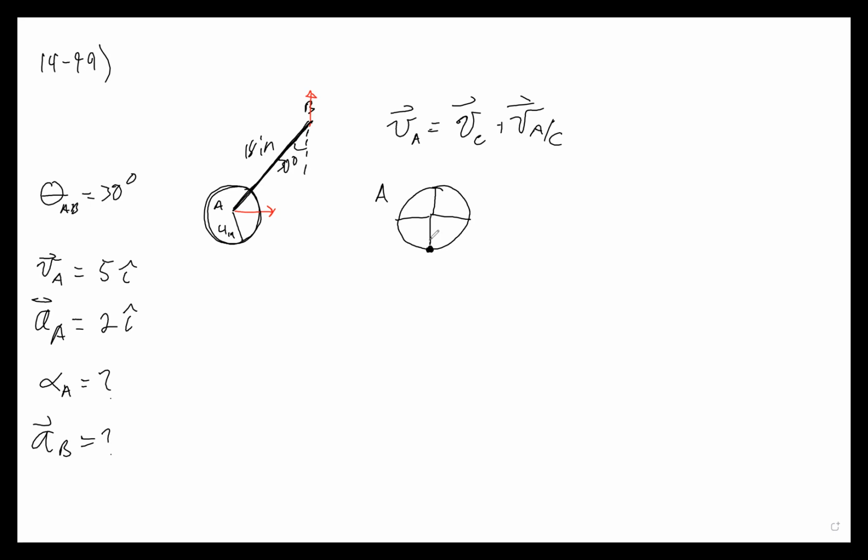Now, there are some other concepts to think about that aren't as necessary to consider right now, but will be in the future. That if a wheel is rolling, the tires on your car as you're going down the highway, as the wheels are rolling, the contact point at the bottom of your wheel is not sliding against the ground.